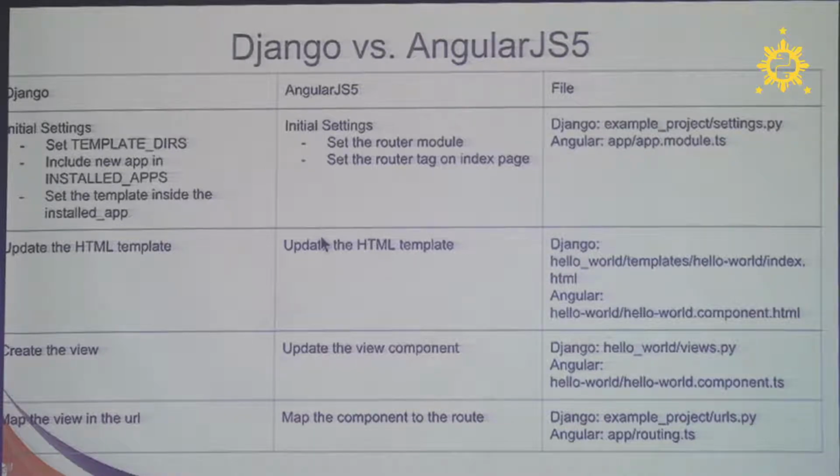For Django, you need to, of course, set the template directories and then include the new apps in the installed apps, and then create a folder for the templates. For the Angular module, set the router module. This is like the urls.py, you need to set that. And then the similarity begins after: the update HTML template, up to creating the view, up to the URLs.